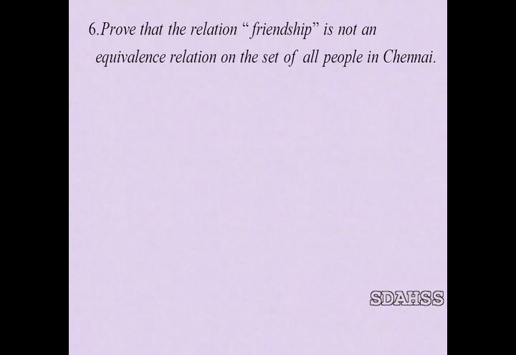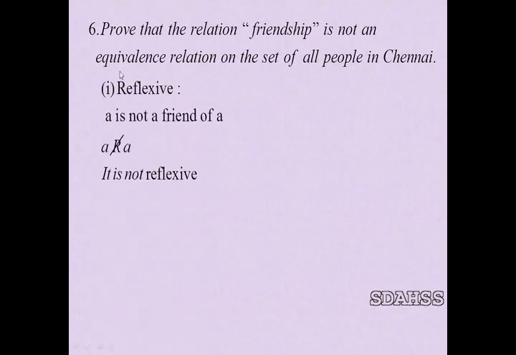Sixth sum. Prove that the relation friendship is not an equivalence relation on the set of all people in Chennai. We want to check whether it is reflexive, symmetric, transitive, and show that it is not an equivalence relation.